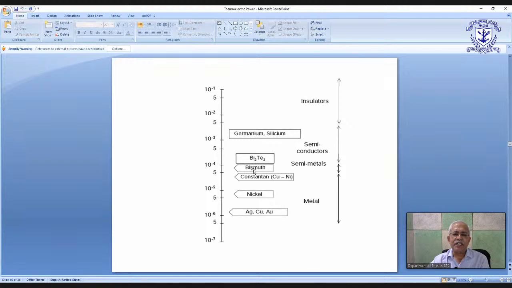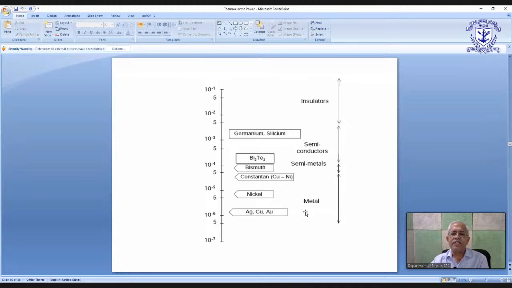If you look at bismuth, it is something like 10 to the power of -4, or 0.1 millivolt per degree Kelvin. If you look at silver, gold, and copper, it is 10 to the power of -6, which is something like a microvolt per degree Kelvin. So this diagram gives you an idea of the Seebeck coefficient for different materials.